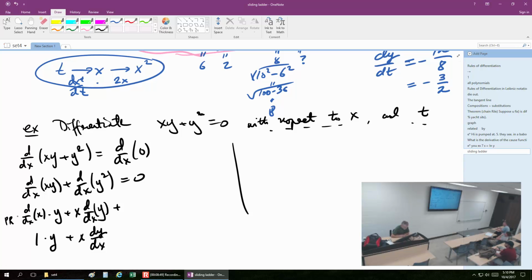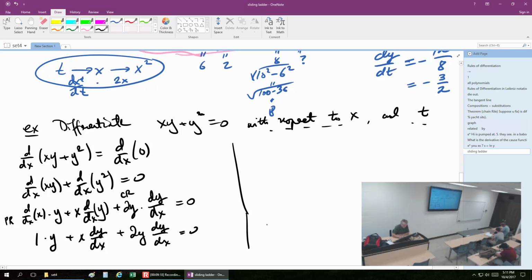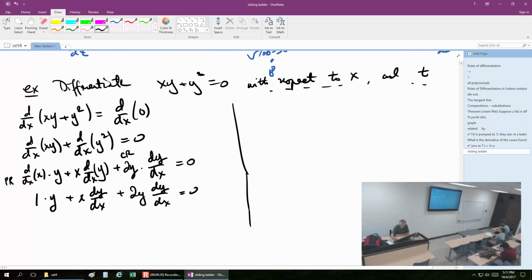So what's the answer? The trick is really not complicated. You differentiate as if you differentiate with respect to y, but then, according to the chain rule, its derivative also reappears. So that's it. 2y dy/dx is equal to 0.